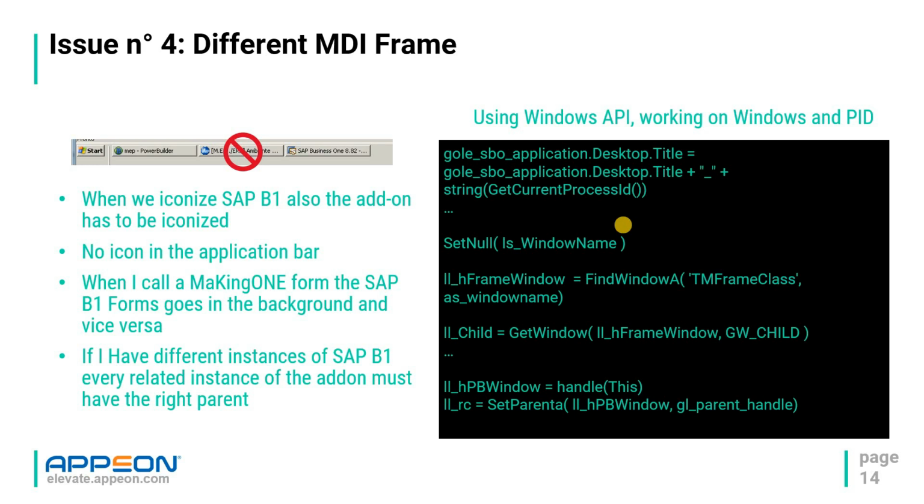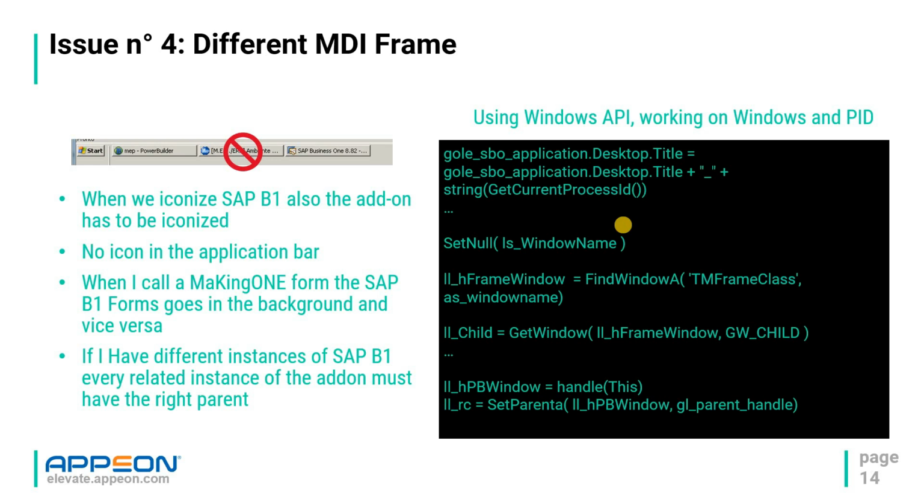How do we do so? Using the Windows API, working on windows and PID. We modify the SAP Business One MDI Frame title, adding the process ID of MakingONE, and then we find this window using the FindWindowA external function from the Windows API.